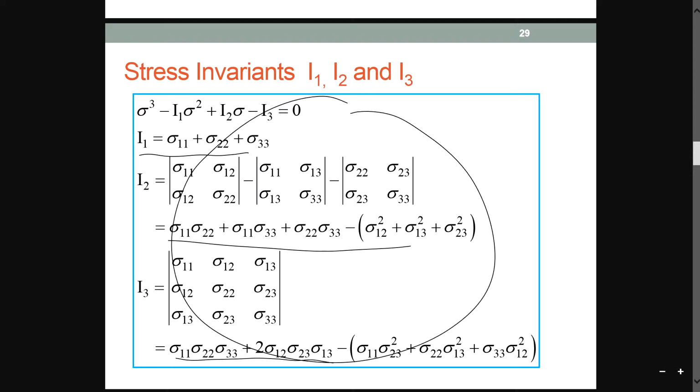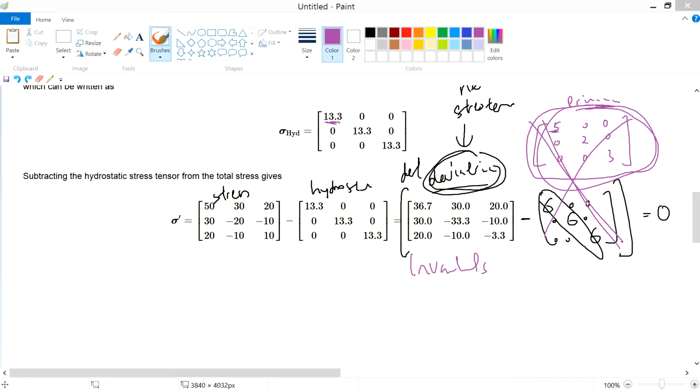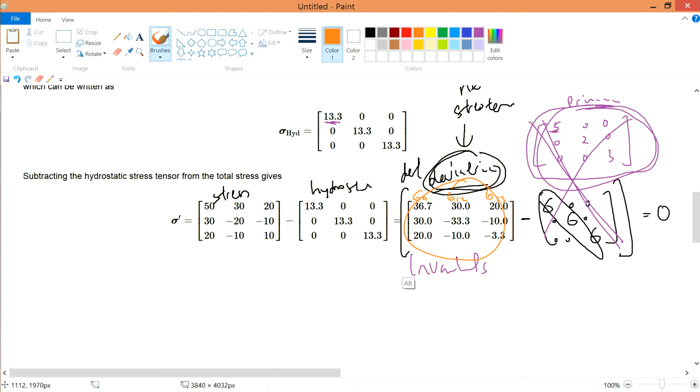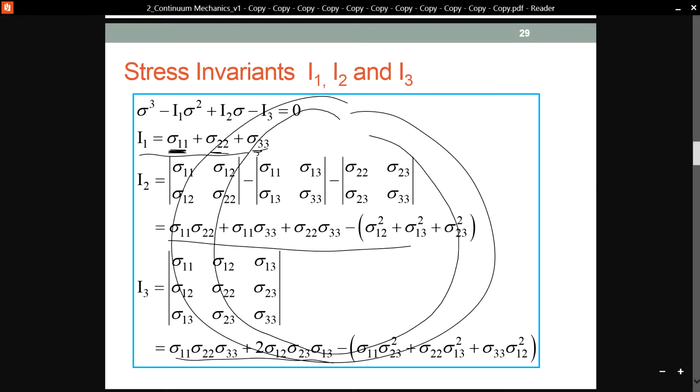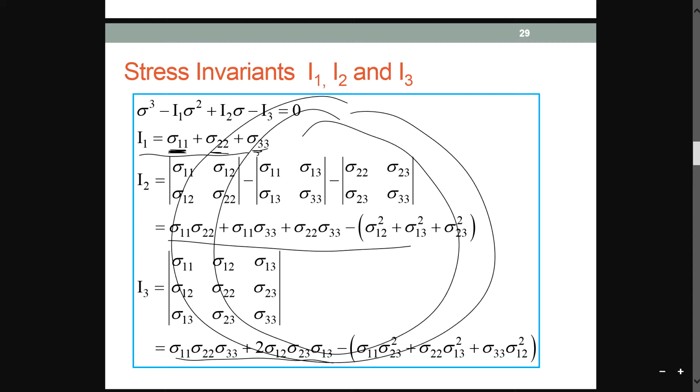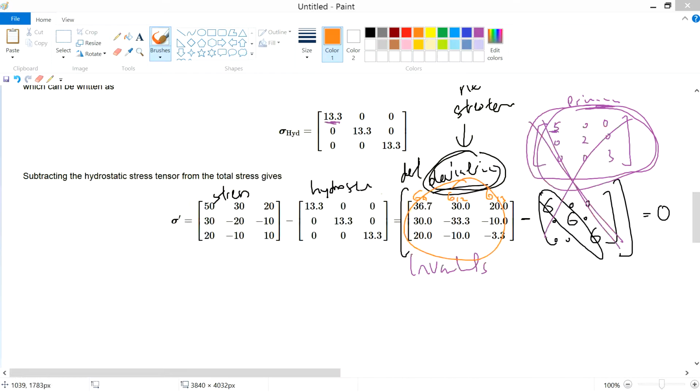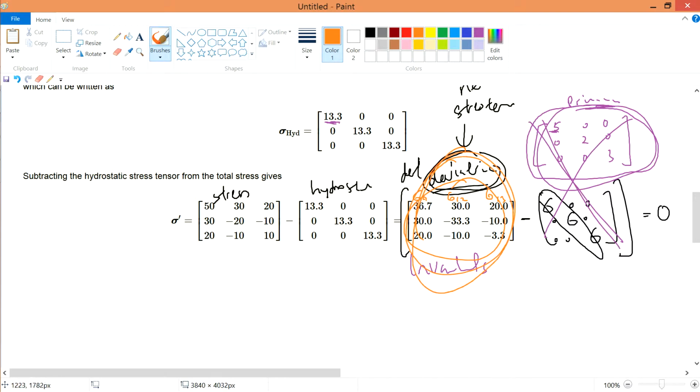In this case, sigma 1,1, sigma 2,2, and sigma 3,3, and the rest is simply this one: this is sigma 1,2, sigma 1,3, etc. You just sub in all these values and you can find your invariants using this formula. This is a general formula to find the invariants with a given stress tensor. In this case, this is a deviatoric tensor, for your info. I hope that this doesn't confuse you, but rather makes things clearer.